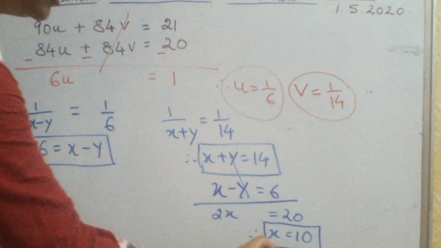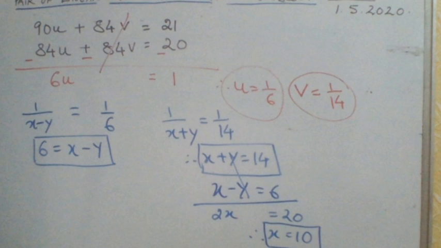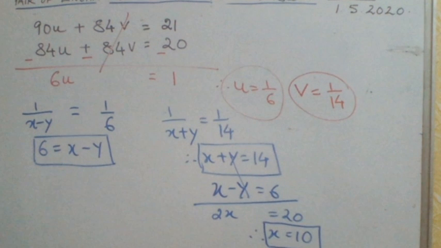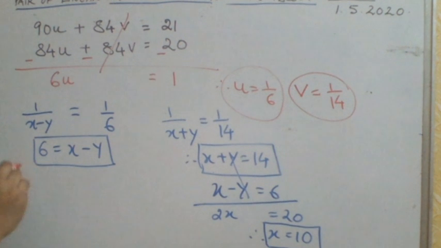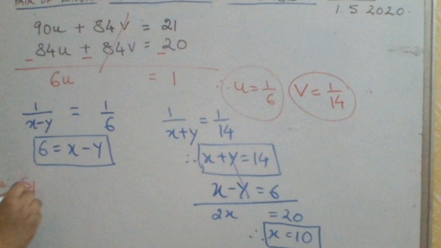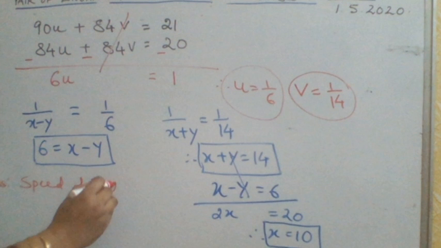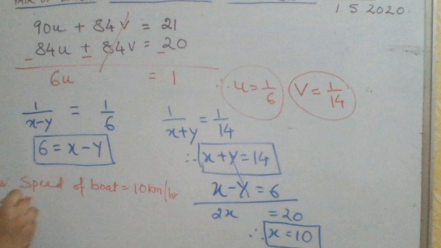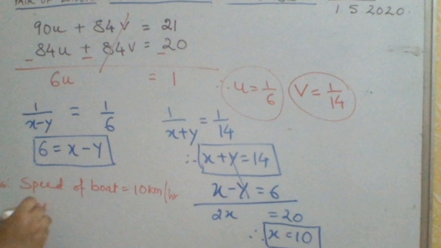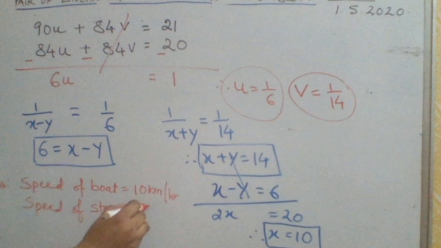And I have told you again and again that because this is a word problem, you need to write the answers in a sentence. So you will say, answer: what is x? x is the speed of the boat. Therefore, the speed of the boat is equal to 10 kilometers per hour, and the speed of the stream is equal to 6 kilometers per hour.